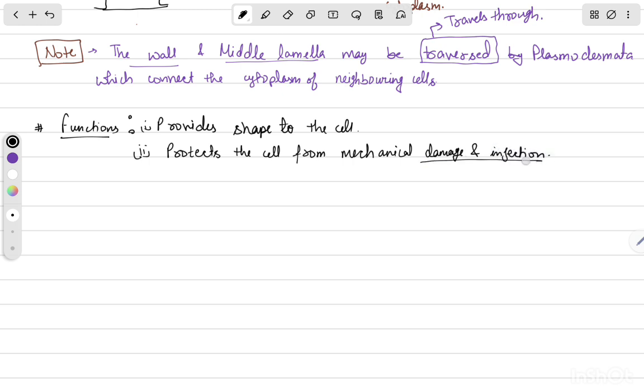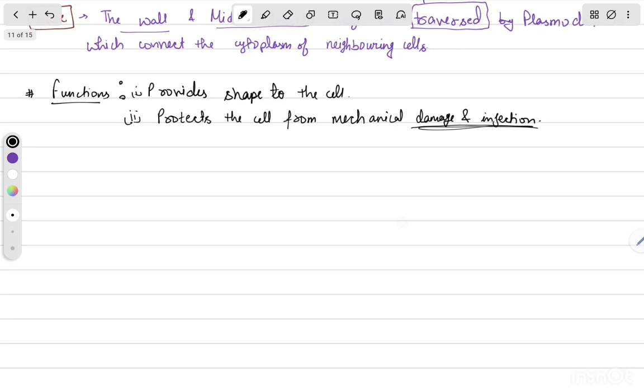It ensures that there should not be any damage or infection to the cell. So it protects the cell from mechanical damage or infection. And it helps in cell to cell interaction. Means two cells will interact through obviously their outer layer, which is cell wall. Cell to cell interaction, right?